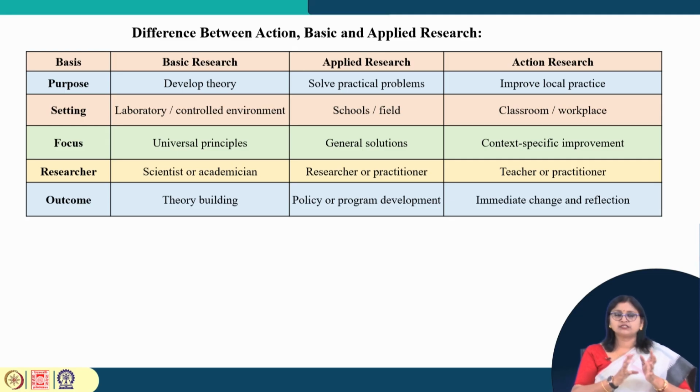The focus is different in the three types of research: in basic research universal principles are the focus, in applied research general solutions are the focus, and in action research context specific improvement is the main focus. Now, on the researcher basis, scientists or academicians conduct basic research, researchers or practitioners conduct applied research, and teachers or practitioners at their workplace conduct action research.